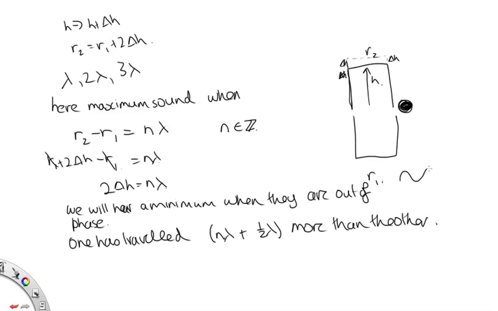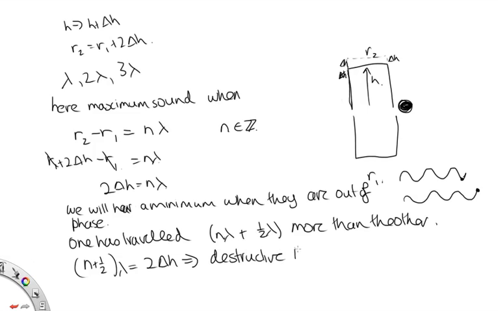Okay, at that point one of them's gone like this, the other one's gone an extra half wavelength, so what we're adding together is this, and those will cancel each other out. Okay, so when we have (n plus a half) lambda equal to 2 delta h, we have destructive interference and minimum sound.